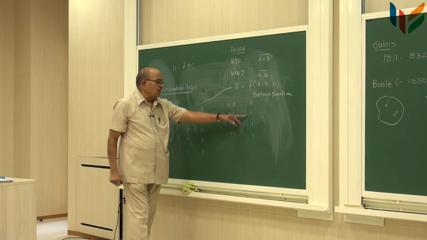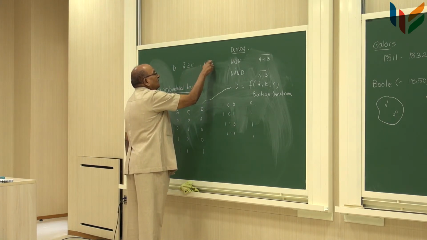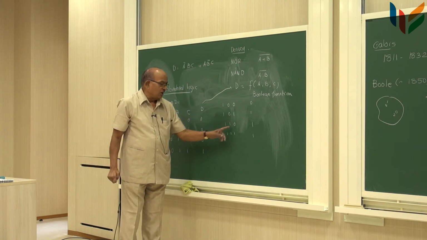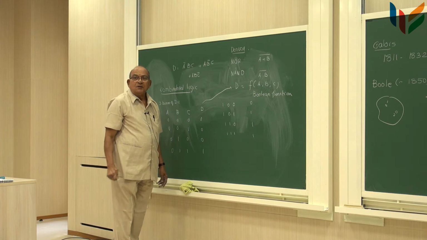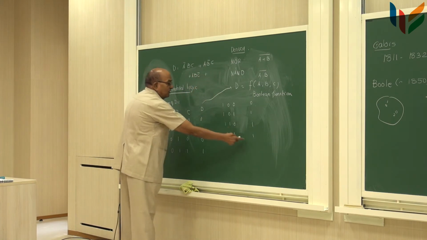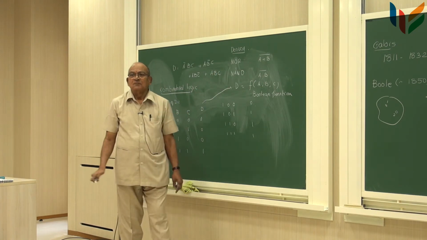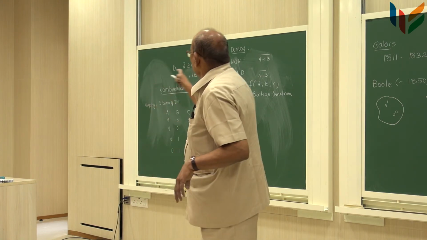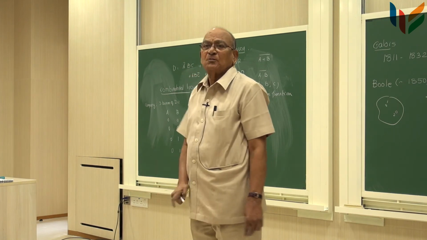Then there is another one here, and that is equal to A B bar C, and another one is equal to A B C bar, and the last one is equal to A B C. This Boolean function D in terms of A, B, C will satisfy this truth table.